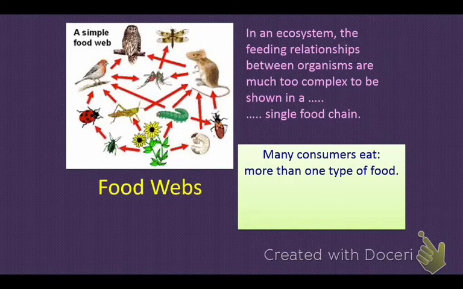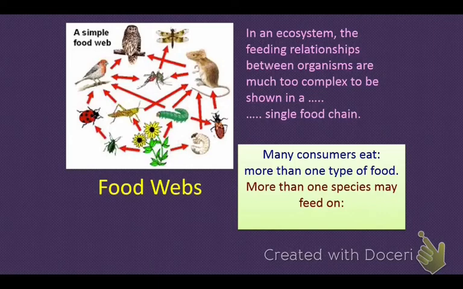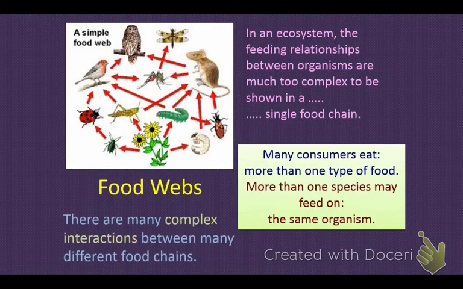We eat chicken, we eat beef, we eat pork. You might eat lamb. I love lamb shawarma. Oh my God, so good. You might eat fish. You might eat a salad, which is a producer, right? So more than one species may feed on the same organism. So there are many complex interactions between different food chains.